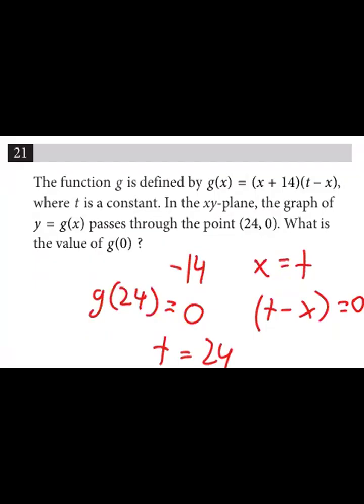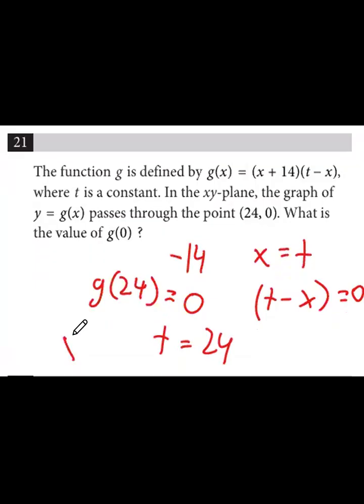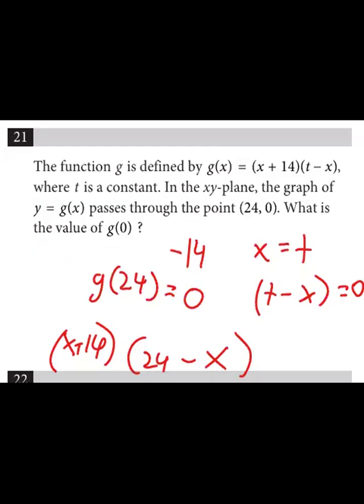So substituting into the equation, we get x plus 14 times 24 minus x. And because of how these types of graphs work, this is always true.